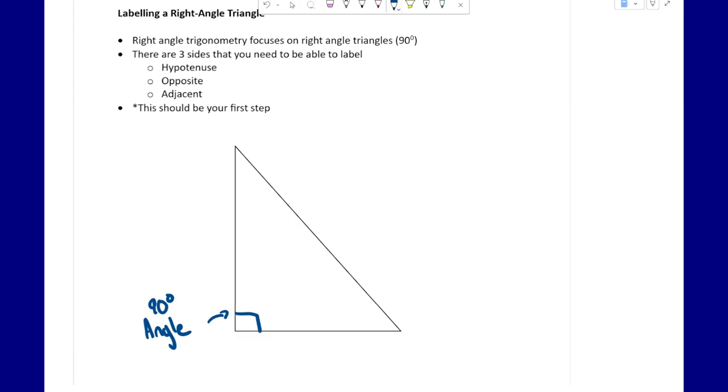Now, there are three sides that we need to be able to label in our triangle. We have the hypotenuse, the opposite, and adjacent. The hypotenuse is always going to be across from our right angle, and it is also the longest side.